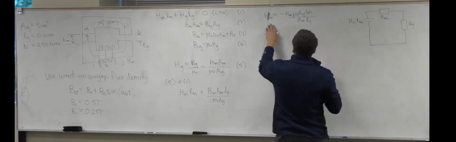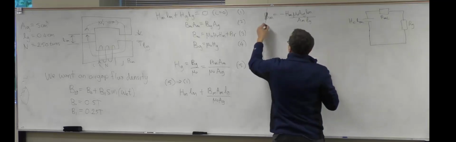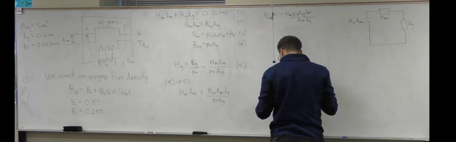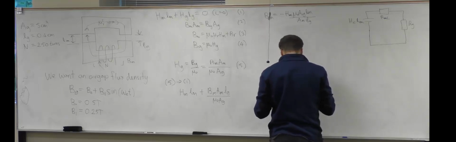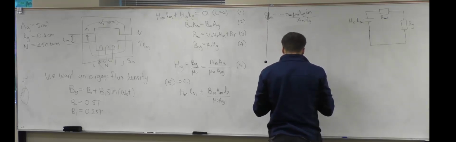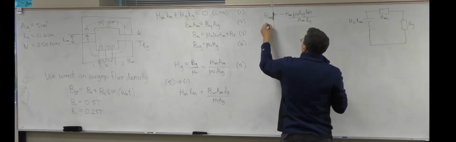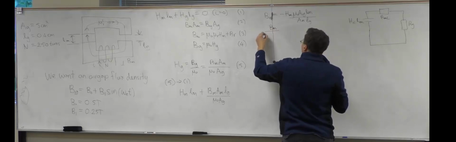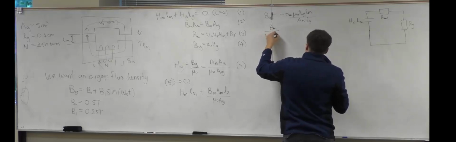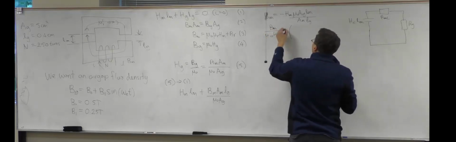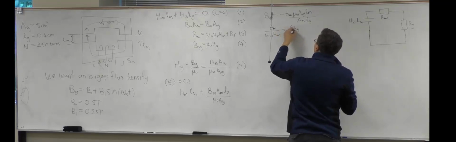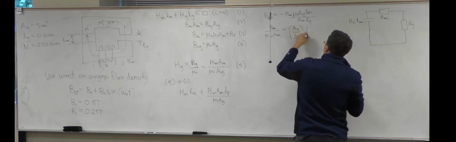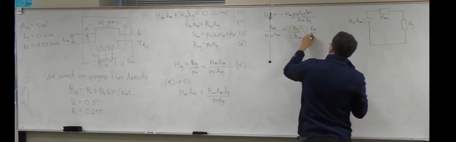Okay, or we could write this as BM divided by mu naught HM is equal to minus HG AM times LM LG.